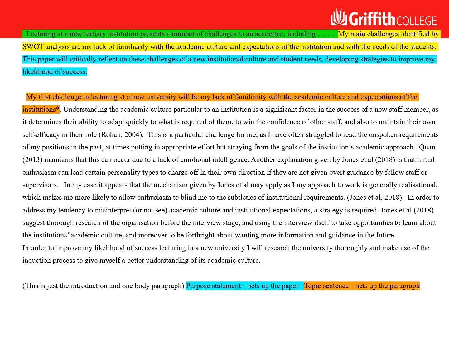Further down in the paragraph, at this point here, we start working at possible strategies. In order to address my tendency to misinterpret or not see academic culture and institutional expectations, a strategy is required. Okay, then I look at possible strategies to apply.